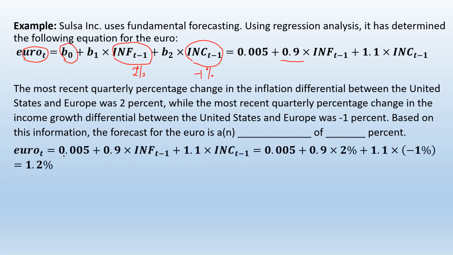The constant number is 0.5%, the inflation differential is 2%, and the income differential is -1%. After we plug in all those numbers, we find that the euro's percentage change will be 1.2%, which means the euro will appreciate against the US dollar by 1.2%.